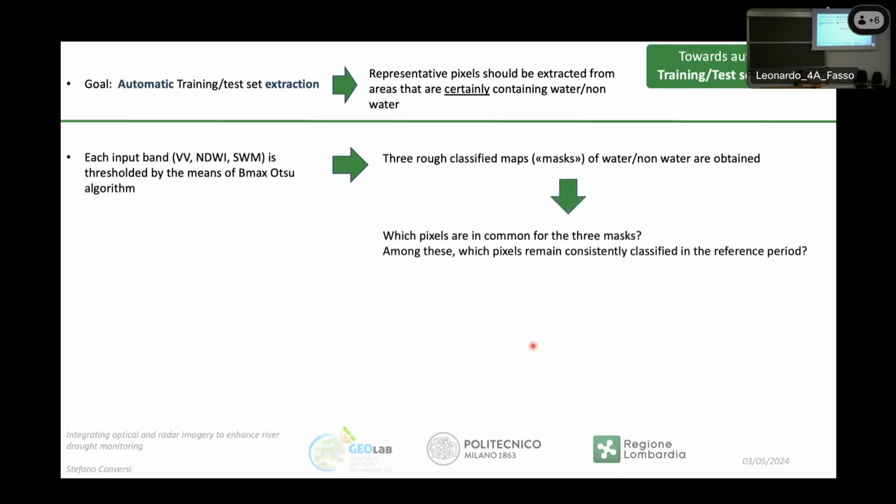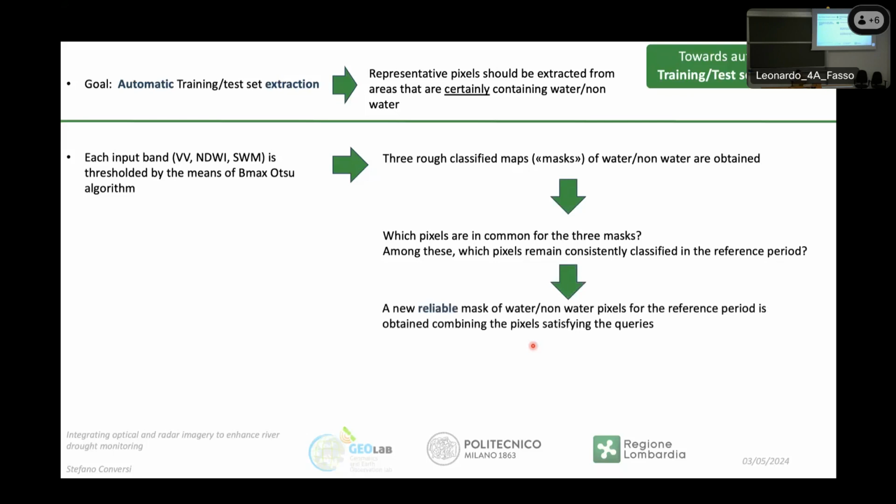Then we also asked the system which of these pixels are actually in common in all three pieces of information that we are giving as input. So which are the common pixels, which is really water, basing on the data we have? And among these, which are the pixels that remain consistently classified in the same class for all the time interval that we are studying? And in this way, we could extract only the pixels satisfying these queries, and so obtain a new reliable mask.